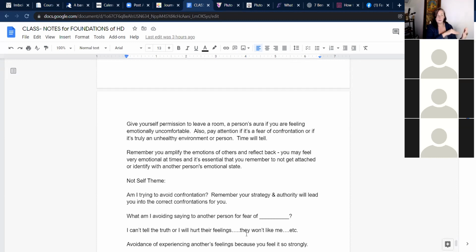If the emotionally defined person is not aware, if they're not conscious of their waves, of their definition here, and if they're not aware of themselves emotionally, they will project their own stuff back onto the emotionally undefined person and make them feel like they're the ones that are out of control emotionally.